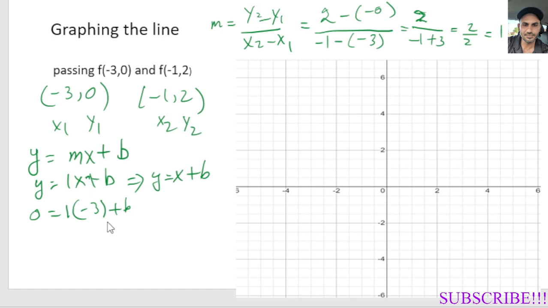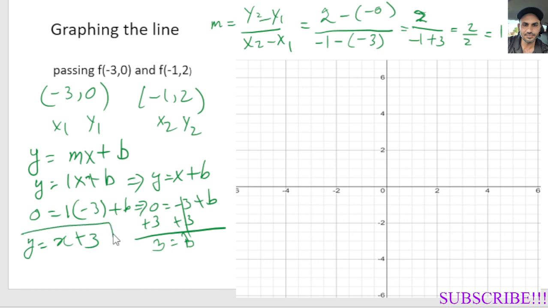So now we can go ahead and simplify this. 0 equals -3 plus b. And now we just add 3 on both sides. And b is equal to 3. So we have y equals x plus 3.